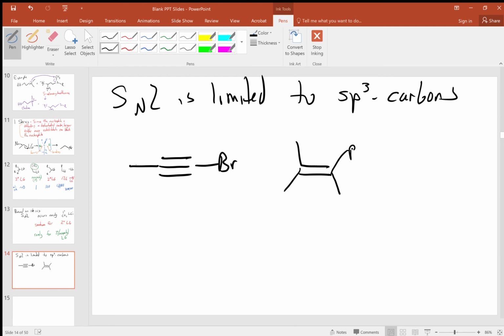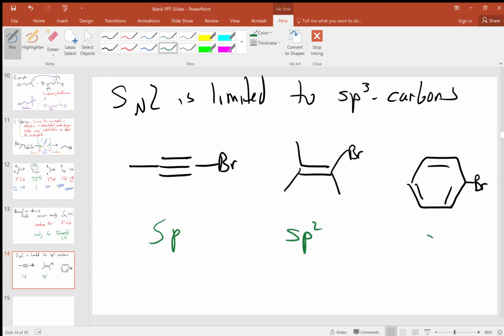And there's two primary reasons for that. So our alkene, alkyne, and aromatic would be our most common examples that we would have for sp or sp2 leaving groups. So why can't an SN2 reaction happen on these?